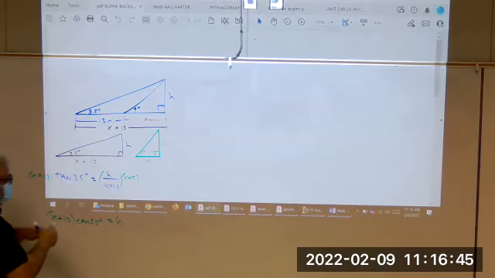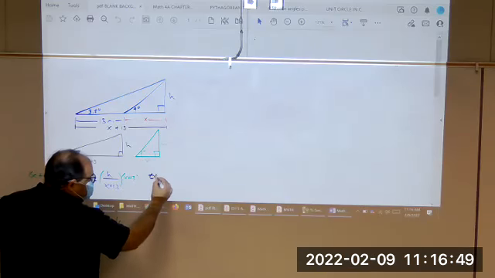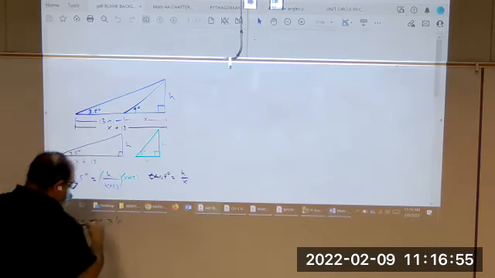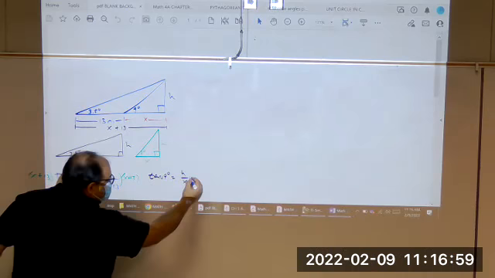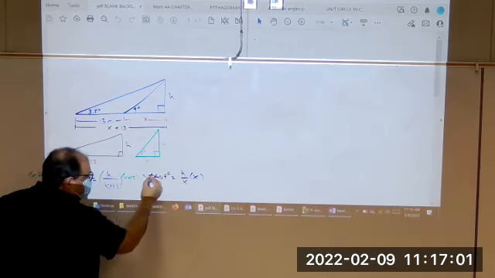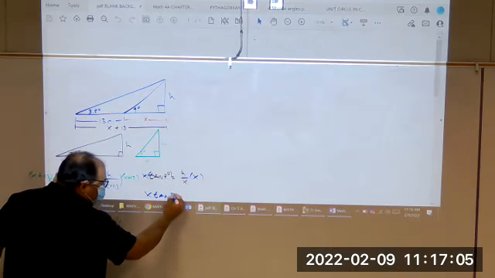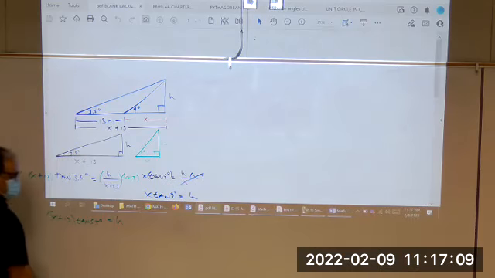In the other triangle, the tangent of 9 degrees is equal to the opposite h over x. Multiply both sides by x. So x times the tangent of 9 degrees is equal to h.